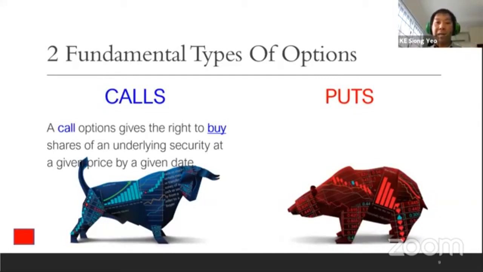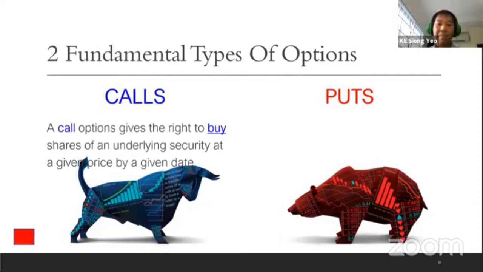The company is always at the forefront of pushing out new products and is very attuned to consumer needs. So you are very confident, very bullish about the stock price of Apple. You think Apple's stock price is poised to continue to increase in the future. So you can essentially enter into a call option contract that gives you the right to buy this share.